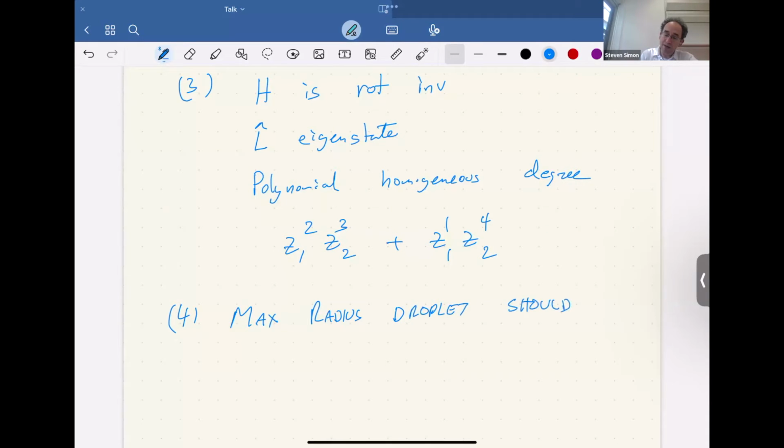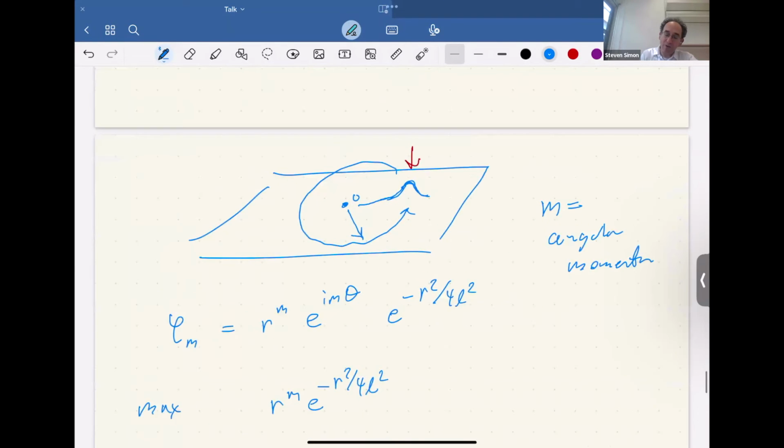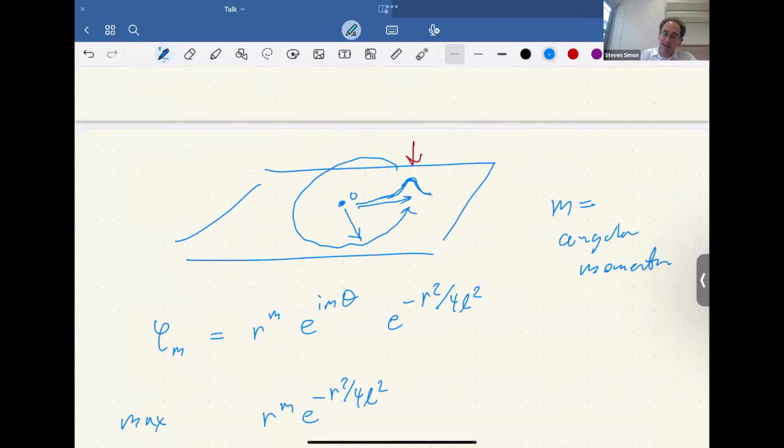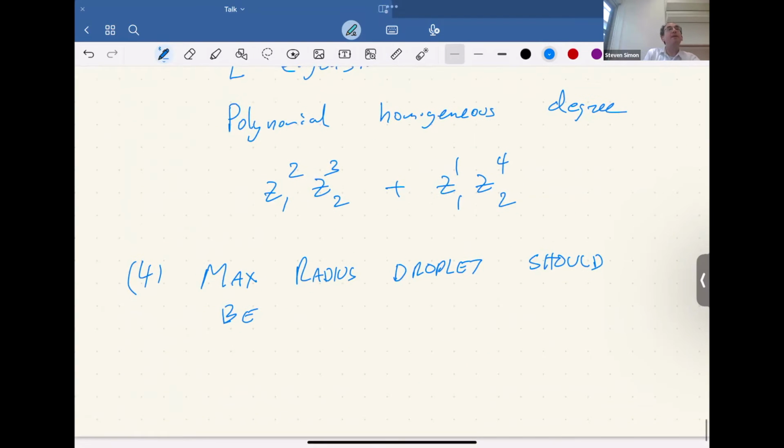So I'm going to have some droplet that's going to fill a lot of states within some circular region, and the maximum radius should be set by the highest power z to the N phi, where N phi is 3 times the number of electrons.